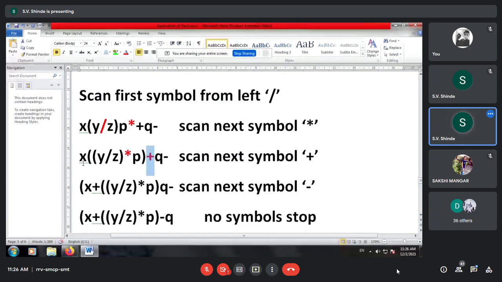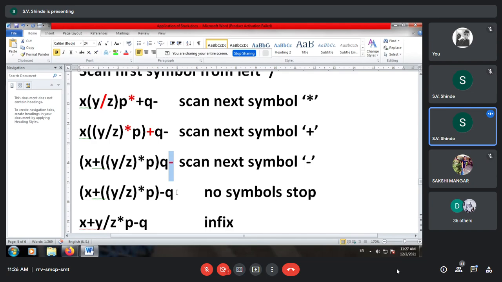So we see that plus is to be placed in the middle of x and the entire expression that was evaluated first. So it is x plus y divided by z into p, and after that the final symbol will be scanned, that is minus, and you can place this minus sign between q and the entire expression.